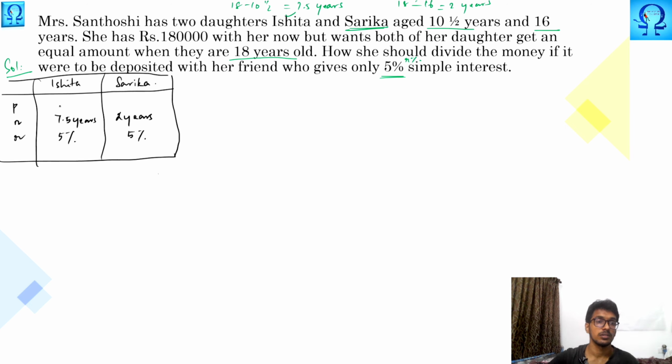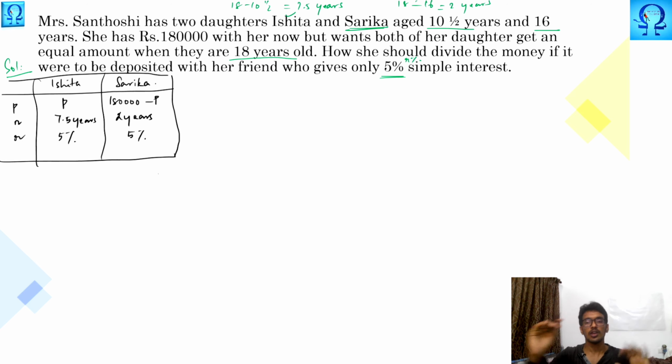The principal, we don't know the amount that she would deposit for Ishita, so let us take that to be P, or X. If she decides to deposit rupees P for Ishita, she can deposit only 1,80,000 minus P for Sarika, because she has only 1,80,000 with her and she has to split that amount.